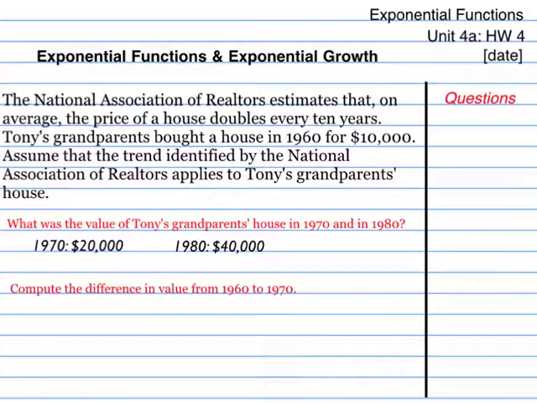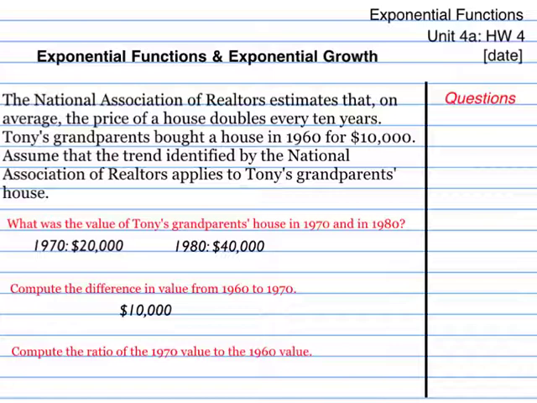Now, the first thing we want to do is compute the difference in value from 1960 to 1970. In 1960 it was $10,000, in 1970 it was $20,000. The difference would be $10,000. Now our next step is to compute the ratio of the 1970 value to the 1960 value.